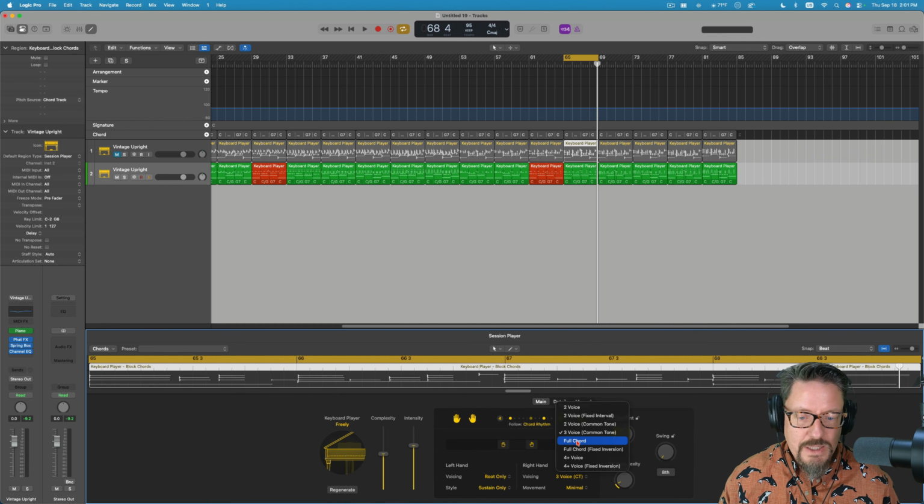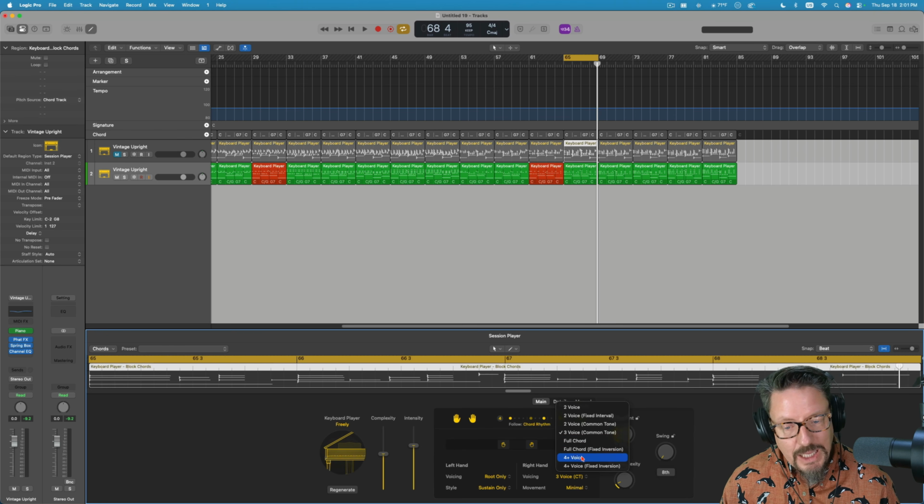The full chord seems to be great, and I'm going to use the full chord most of the time as opposed to the fixed inversion, because it tends to voice lead in a way that is more pleasant and less drawing attention to itself, unless I'm trying to get it to do like an organ piece or something, and I really want a stylistic chord progression that just goes off and does it a certain way.